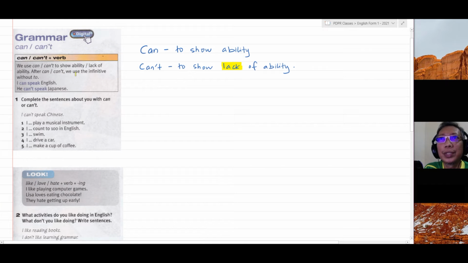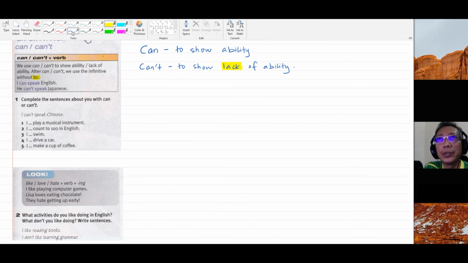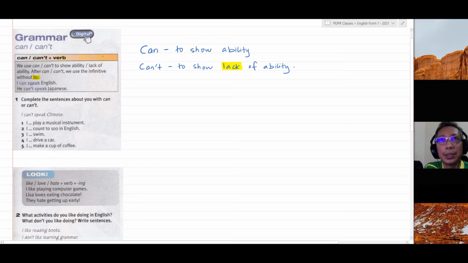And then after can or can't, we use the infinitive without to. Okay, example given to you in the table. I can speak English.